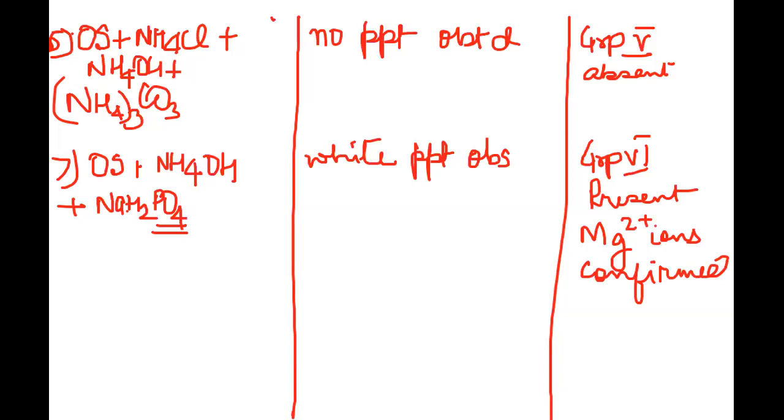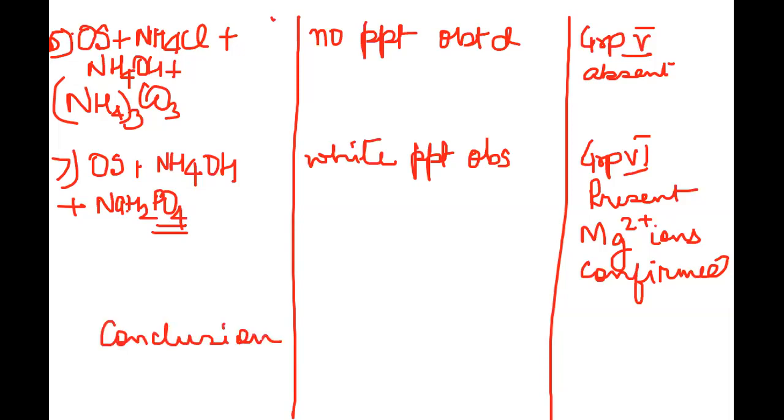So these are the 3 salts that you can write in the practical copy for salt analysis. Once this analysis is done, what you will write at the end is the conclusion. In the conclusion you will write, the given salt contains cation.